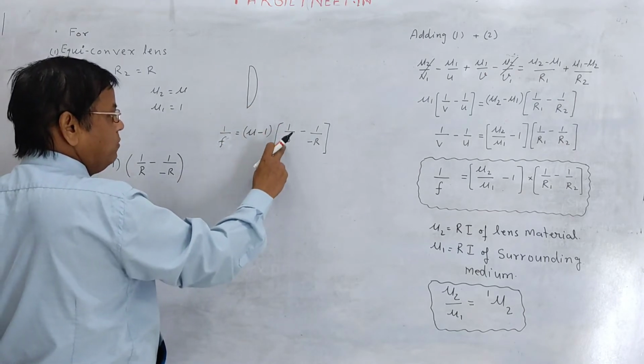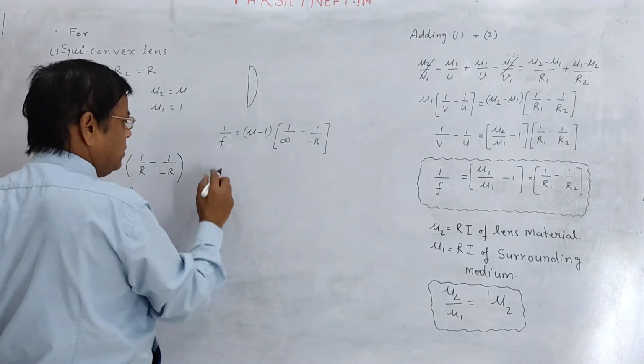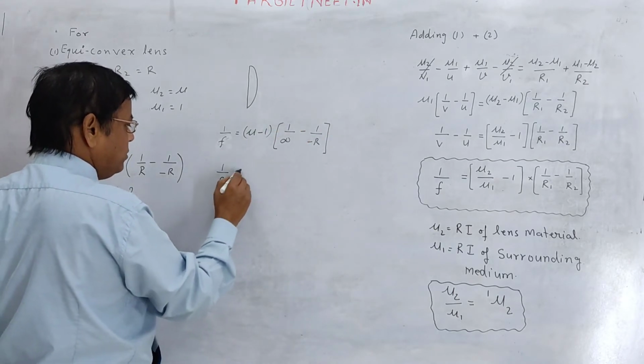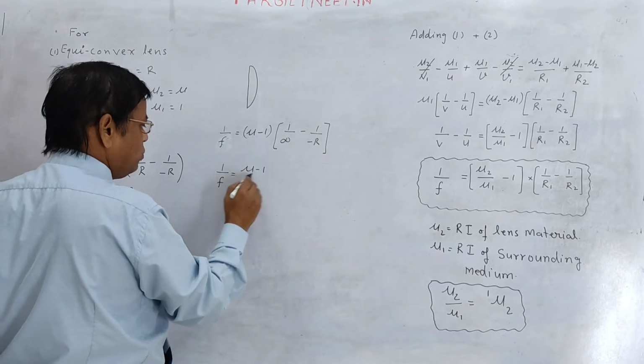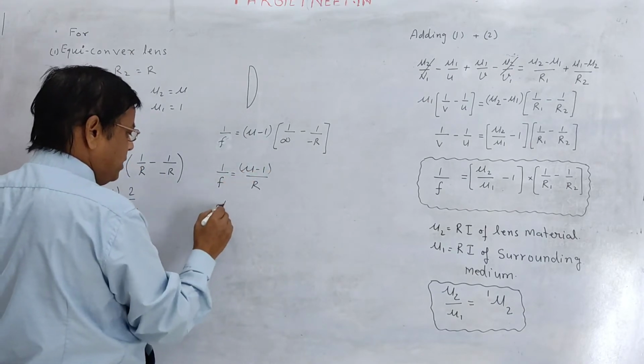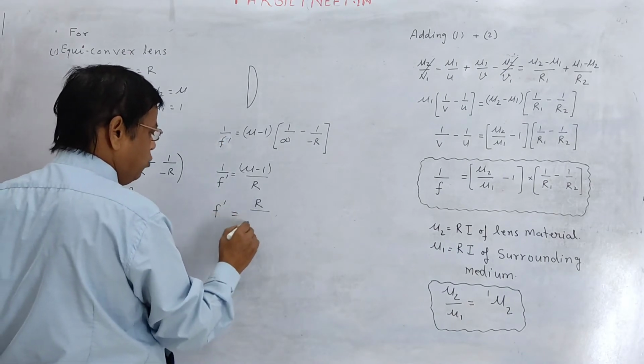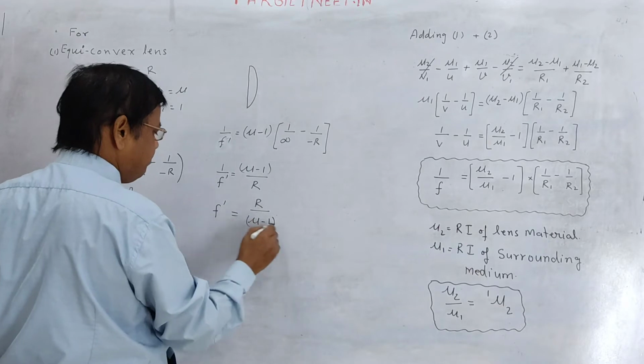So anything upon infinity is 0 and this becomes positive. So this whole becomes 1 by R. So 1 upon F is (mu minus 1) by R. Let the focal length be F prime.